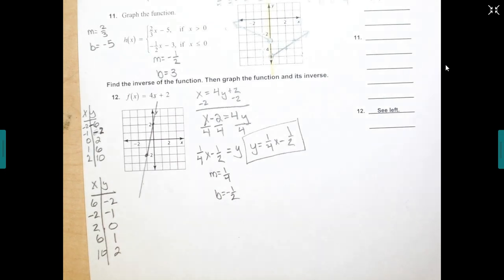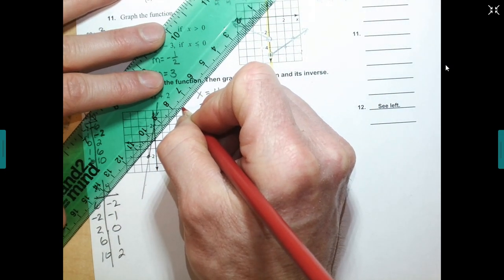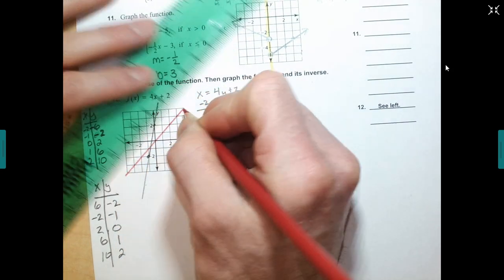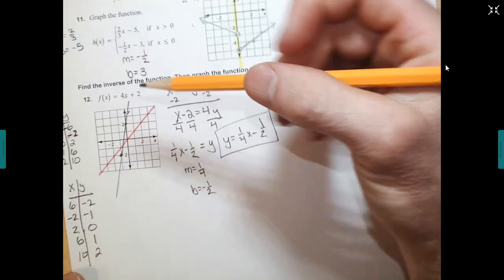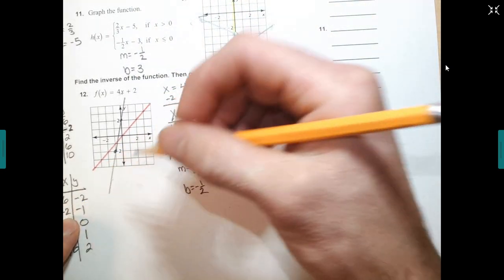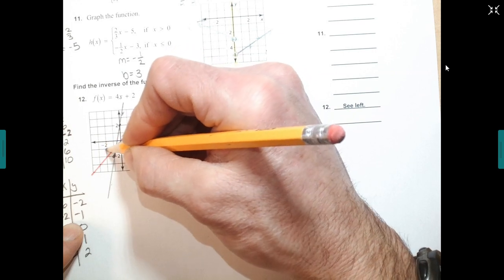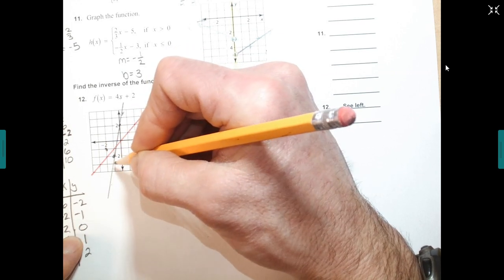Here goes 1. If you remember, my inverse is going to reflect across this. So I got 6, -2, -2, -1. That looks good.